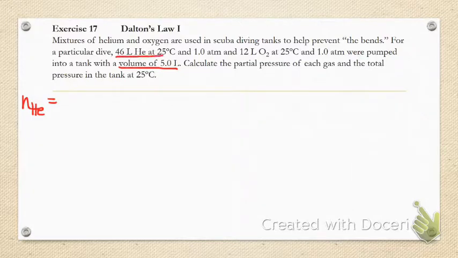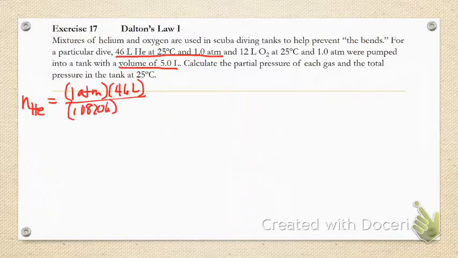So we would say 1 atmosphere times 46 liters over 0.08206, and then the temperature is 298 K. We throw that in the calculator and we get 1.9 moles of helium.